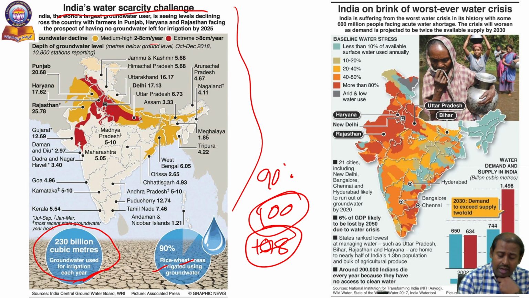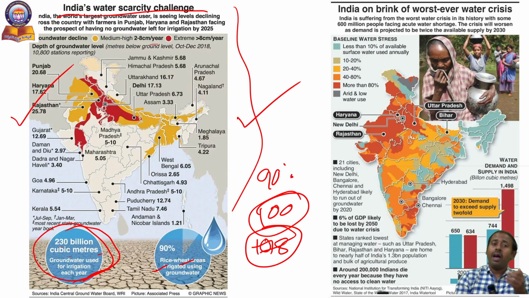Here we are discussing only groundwater. How important is groundwater? How much are we depending on groundwater? With this image we can identify and analyze what percentage of dependence there is on groundwater.